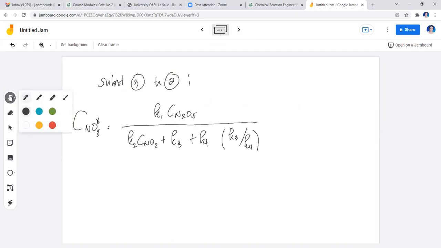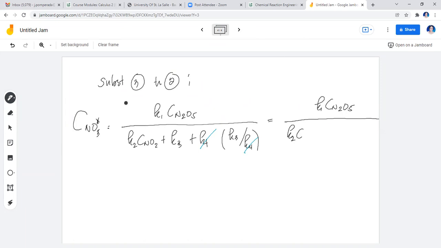So from here, you can see that we can cancel the K4s. Now this can be simplified into the form. You have K1 C N2O5 over K2 C NO2 plus 2 K3.